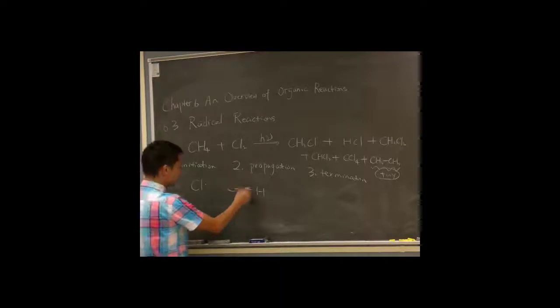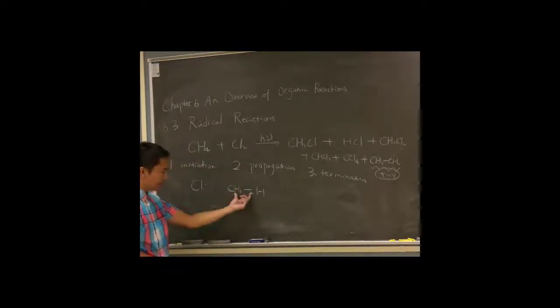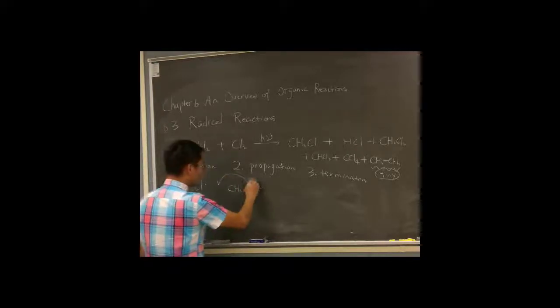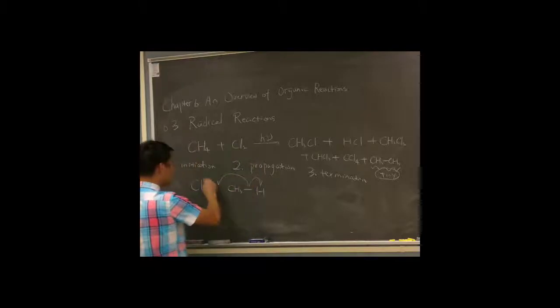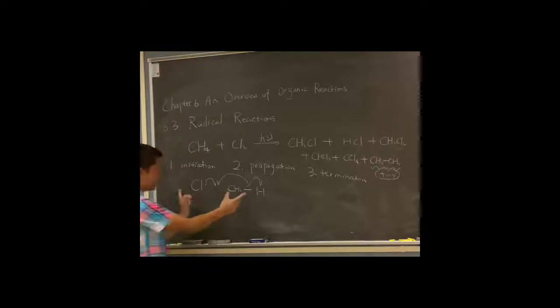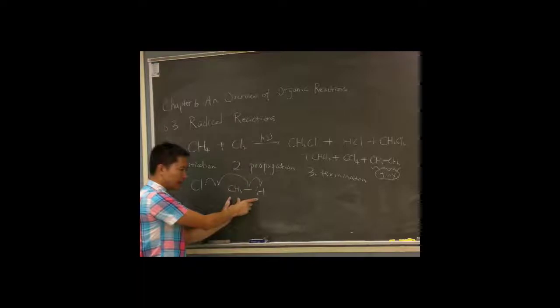The process is that there are 2 electrons in between this carbon and hydrogen. One electron moves this way, another electron moves to the hydrogen, and the electron from chlorine moves to the middle. Okay? Notice that those are 2 species. The chlorine atom is by itself, the methane is by itself.